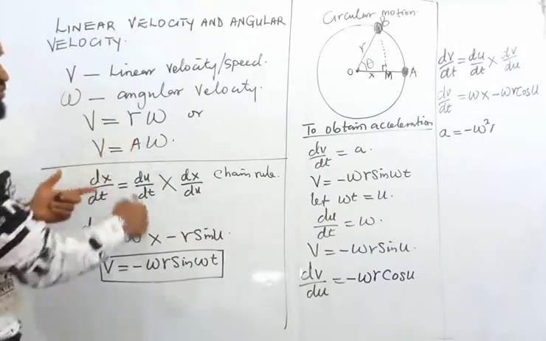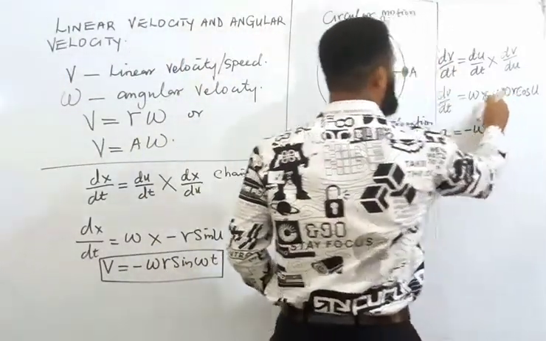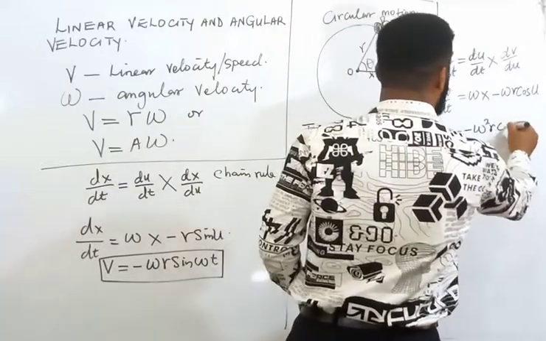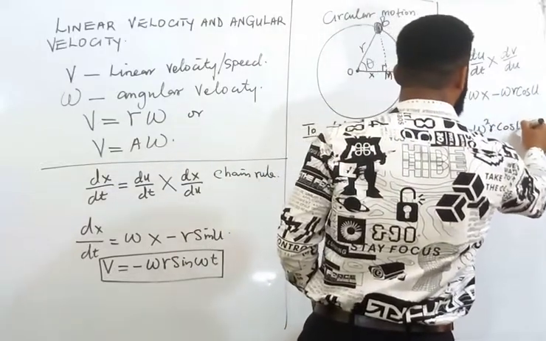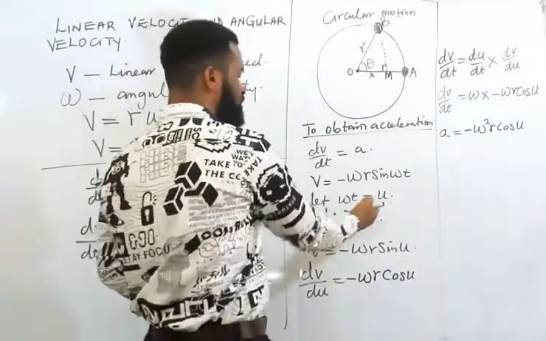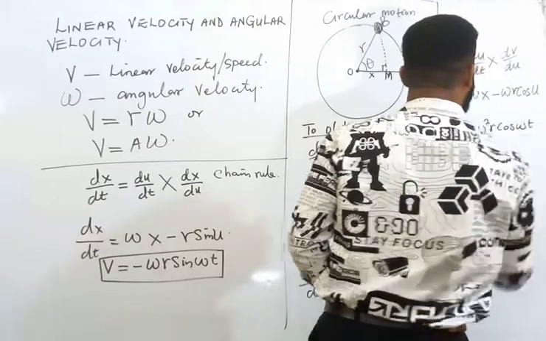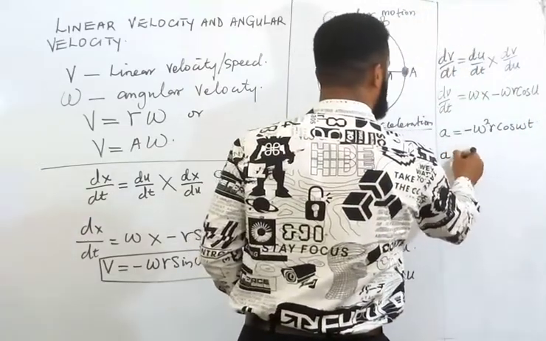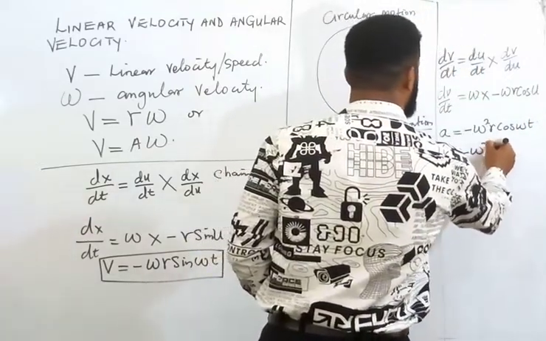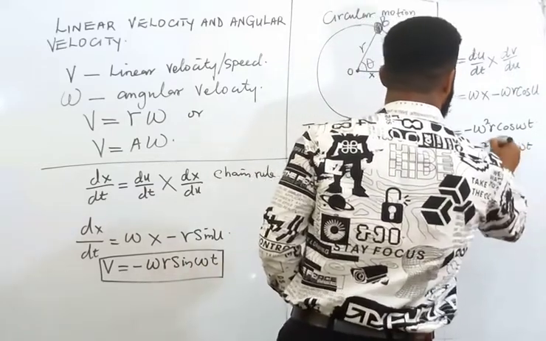But instead of writing u, remember that I said u is omega t. So I'm going to put omega t. So we have that acceleration is equal to minus omega square r cos omega t. Look at this.